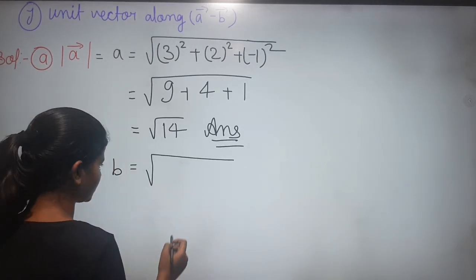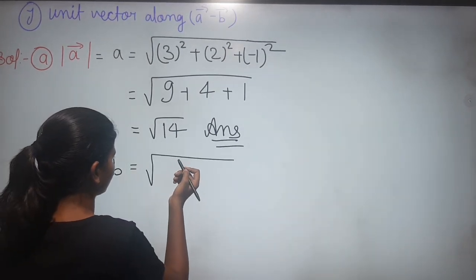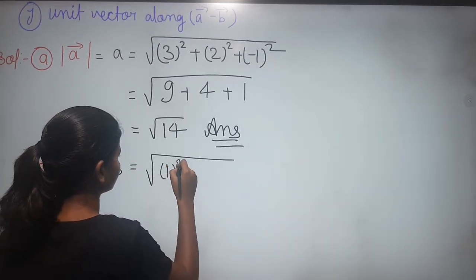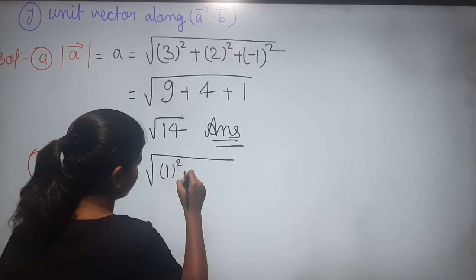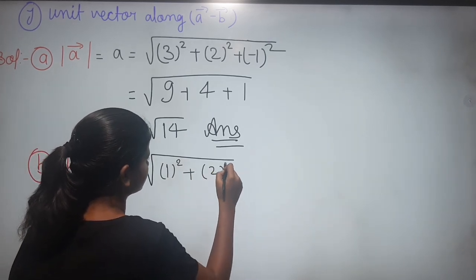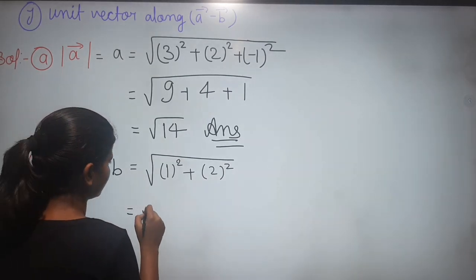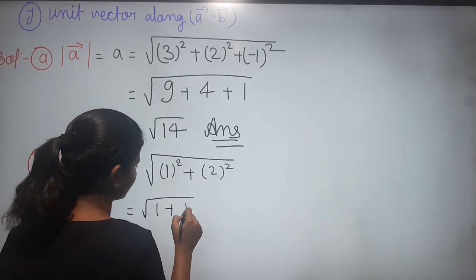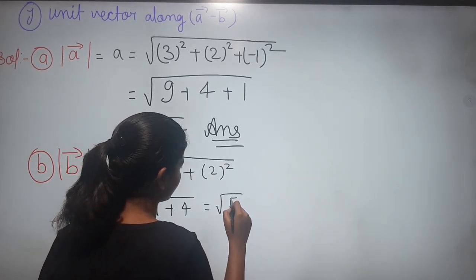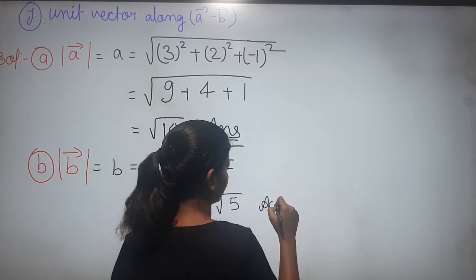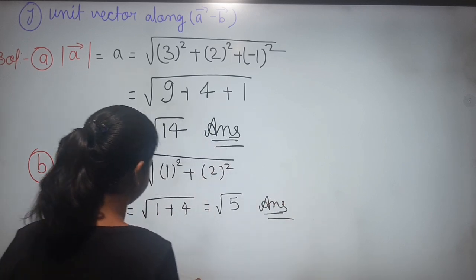So here the coefficient of i is 1 square plus the coefficient of j cap, that is 2, square. 1 plus 4 equal to root 5. This one is our answer.